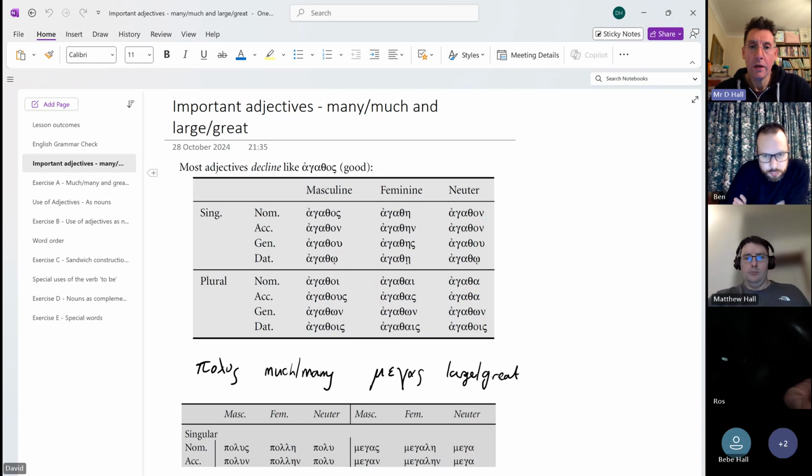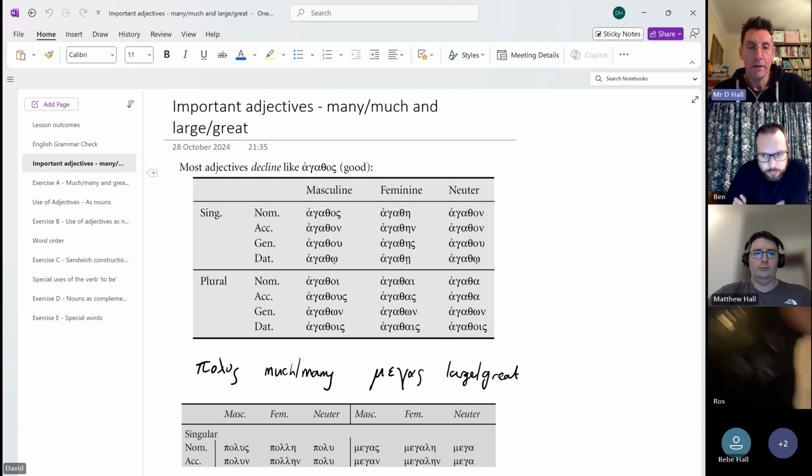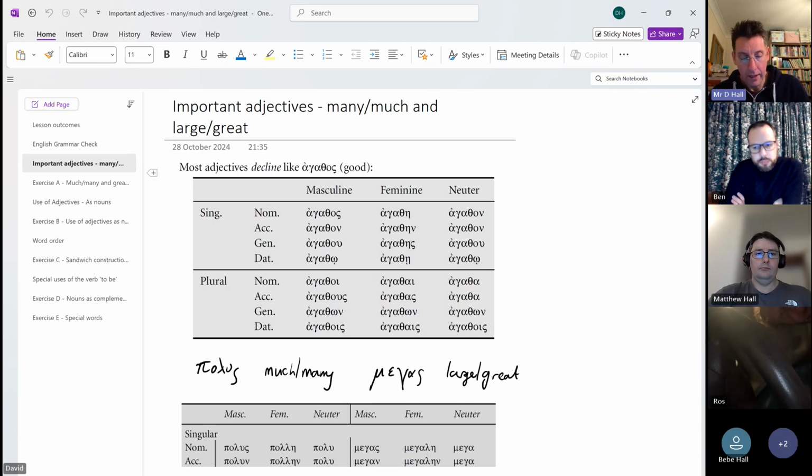So when we notice that for our nouns, if we want to describe a noun using an adjective, then we have to make sure that our adjective agrees with the noun it's describing. If we're describing the subject of the sentence, we need our adjective to be in the same case, so it needs to be in the nominative. And if it's a masculine noun, it needs to be a masculine nominative. So that's why we end up with this massive chart here.